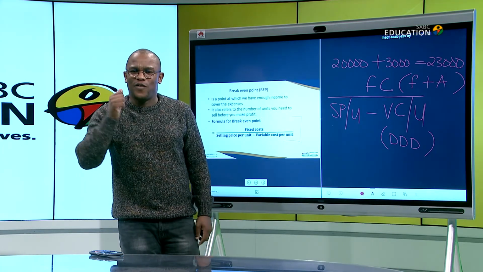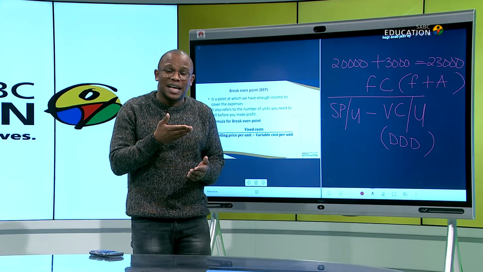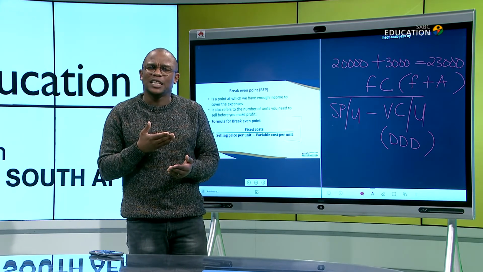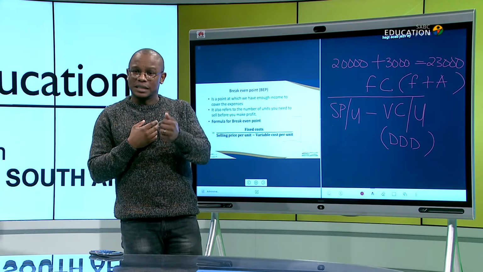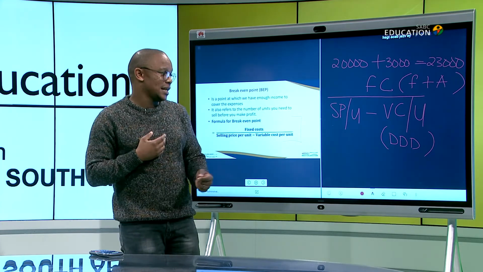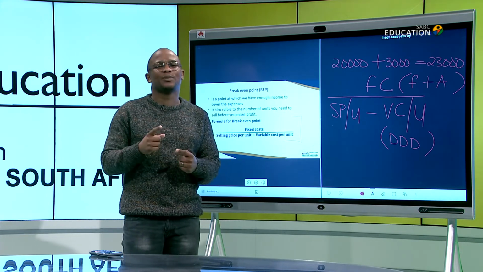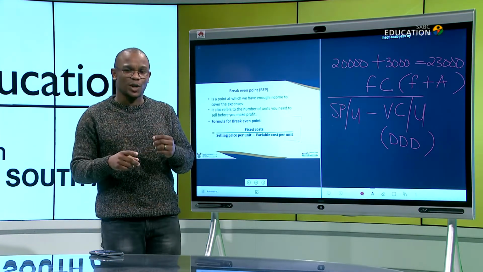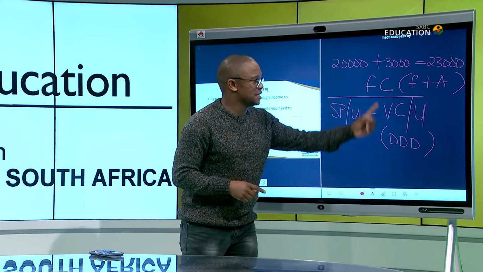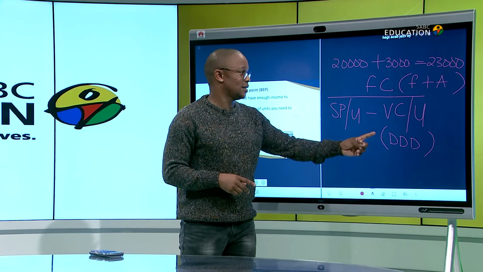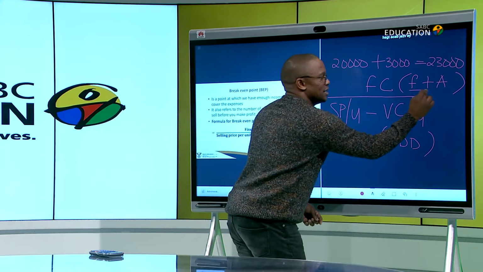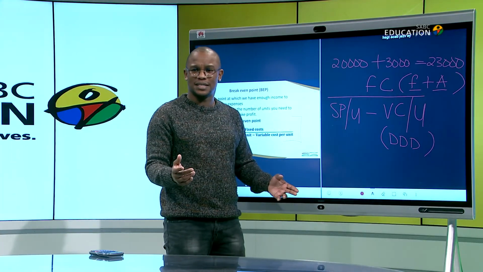Remember, your fixed costs are costs that stay constant, irrespective whether the production increases or decreases. And your variable costs are costs that change whether the production increases or decreases. But now, this is vice versa. Fixed cost, you see these 2 letters are not the same.